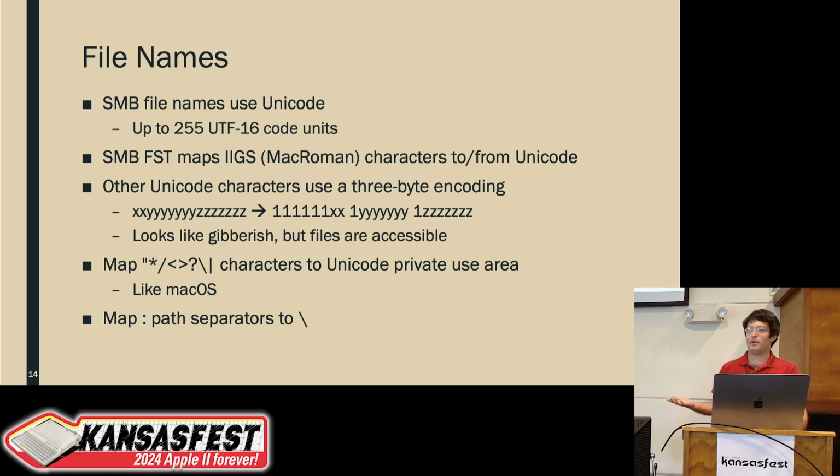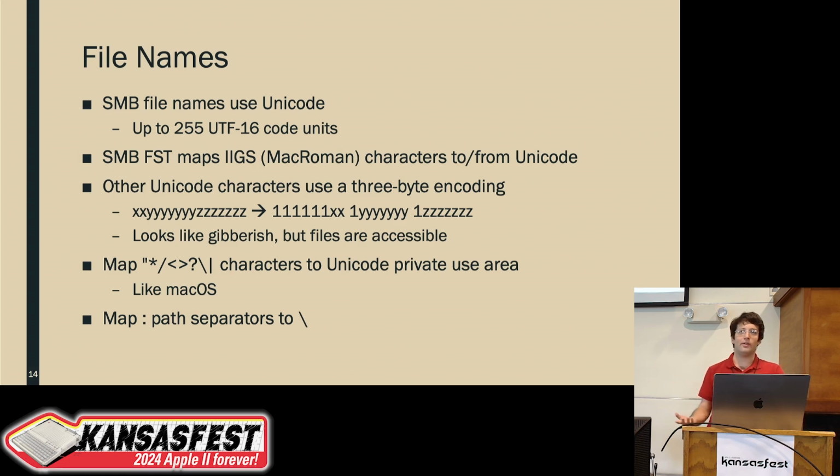The 2GS desktop uses a character set which is also shared with classic Mac, and therefore it's called Mac Roman or macOS Roman, which essentially has your basic ASCII characters, plus most other characters that you would need for writing Western European languages. For those characters that are included in the 2GS character set, the SMB FST will map back and forth between Unicode and those characters.